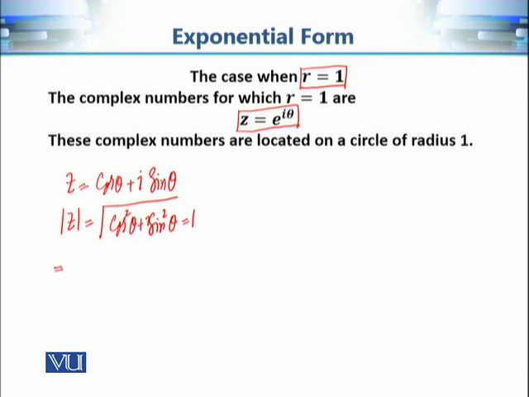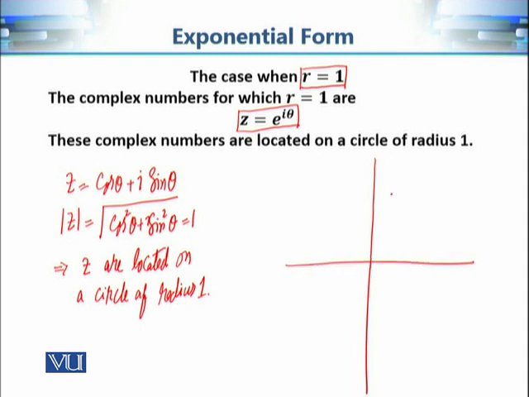So we can say that this implies these z are located on a circle of radius 1. In the complex plane, this is the situation. This is unit circle with center 0, 0 and radius 1.